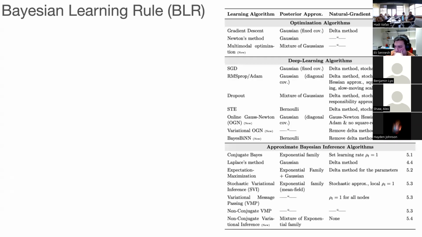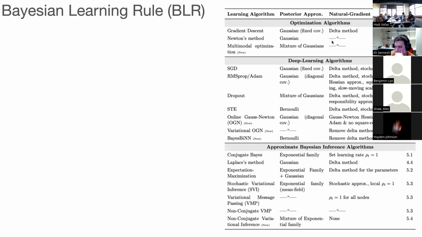And if you apply that prescription, you end up deriving all sorts of seemingly different algorithms that are listed on the left-hand side in these three groups: optimization algorithms, deep learning algorithms, approximate inference algorithms. And here is the list of choices you have to make for the approximate posterior and the natural gradient approximation.